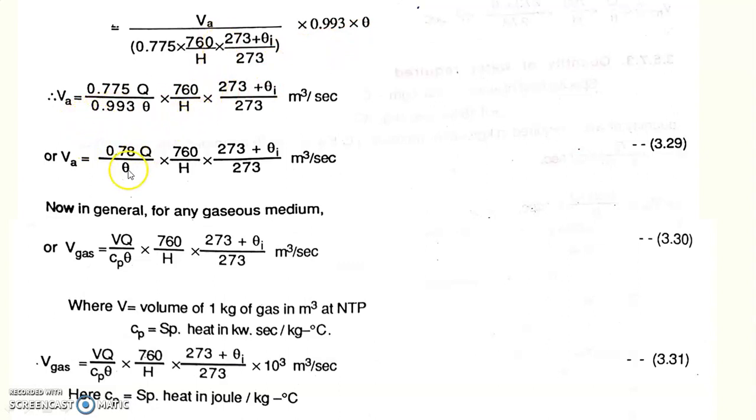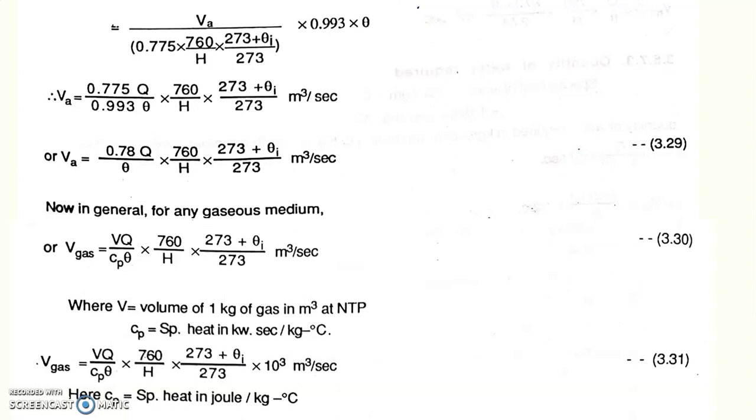By simplifying, you will get 0.78 Q upon theta. This is the formulation of Q. Just adjust for VA, the volume of dry air required to circulate. You will get VA is equal to 0.78 Q upon theta into 760 upon H into 273 plus theta upon 273.